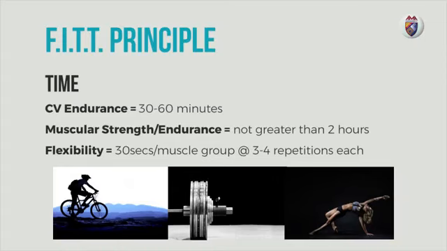If you want to improve on your cardiorespiratory endurance, you must ideally exercise between 20 to 60 minutes. Training for muscular endurance should not exceed beyond 2 hours and should be allotted at least 24 hours of rest in between. While in flexibility training, the duration of each stretch should at least last for 30 seconds, which should be repeated 3 to 4 times per muscle group.